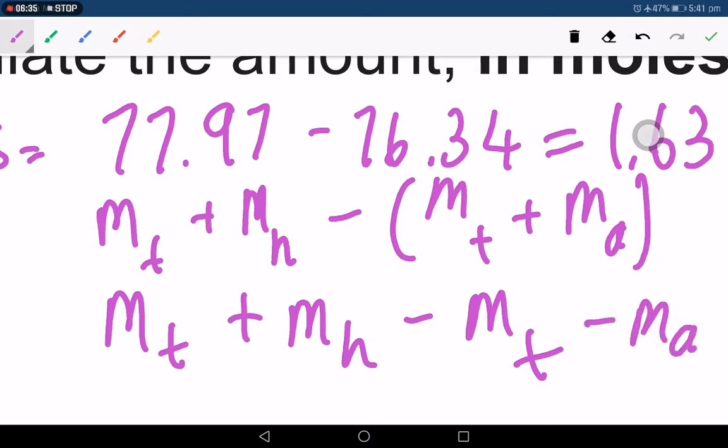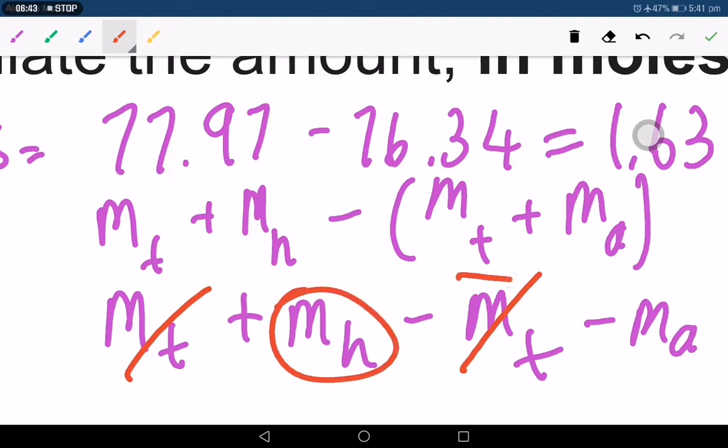When you expand the minus, the tube masses cancel out. So you're left with what you want, which is this one minus this one. That's the mathematical proof.